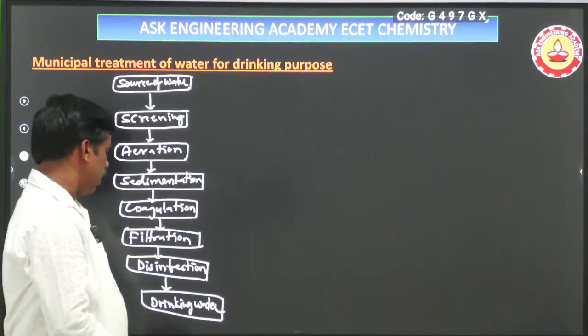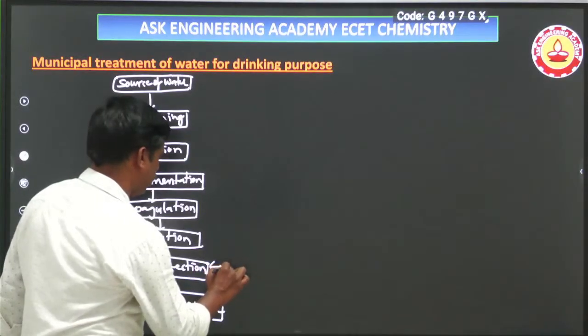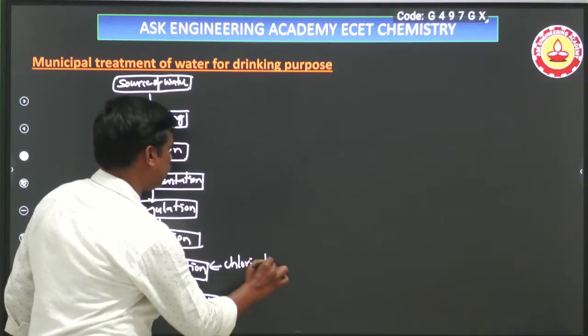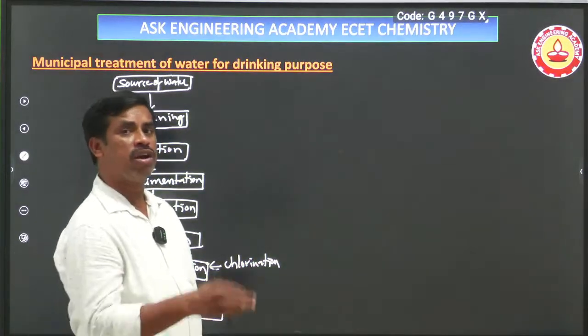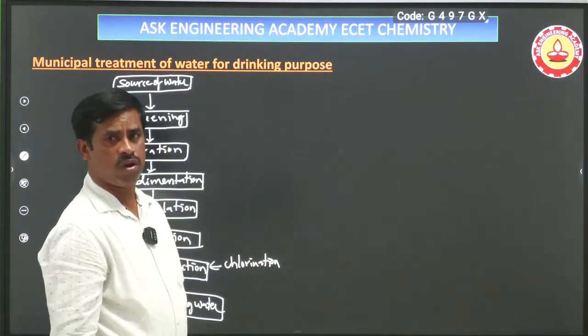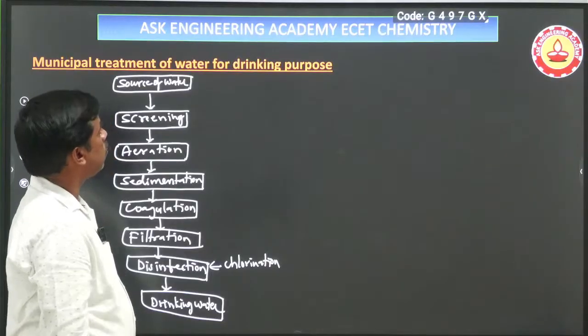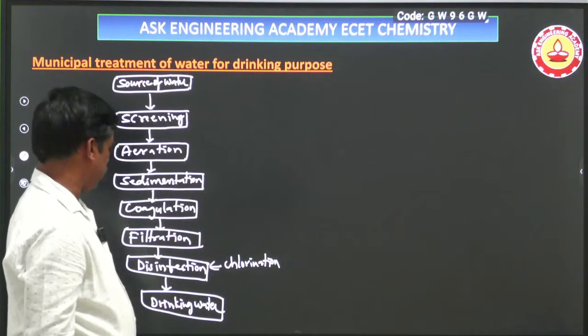Here, mostly chlorination is used for disinfection, or bleaching powder is used for killing dissolved bacteria in the water. This is about municipal treatment of water for drinking purposes.